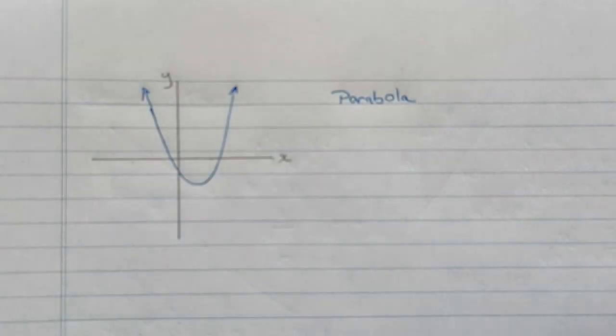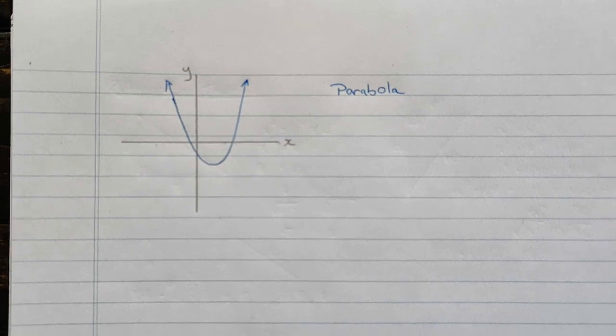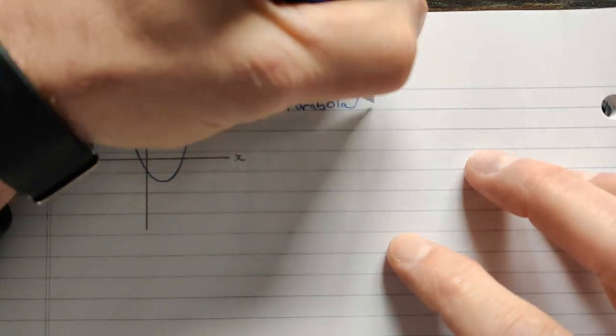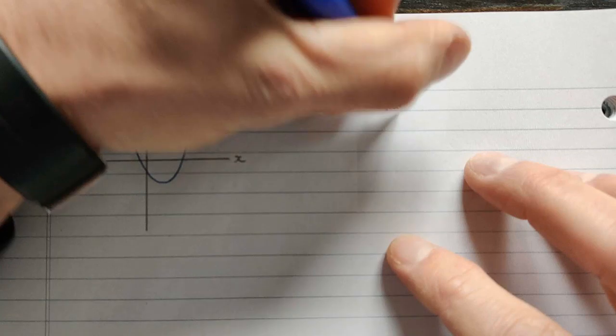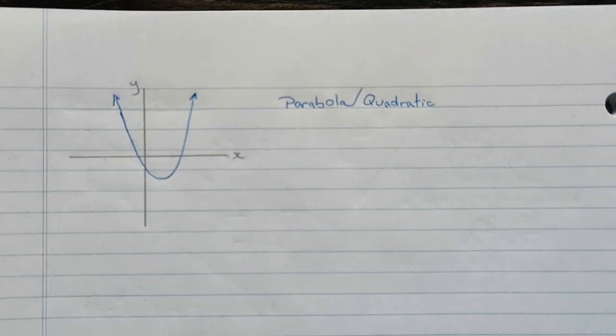And so a parabola is going to be this U-shaped graph. This U-shape is always a parabola. Let's see if I can get that focused a little better. There we go. Sometimes we just call it a quadratic. So it's a quadratic graph.